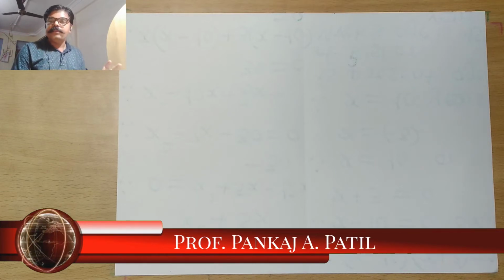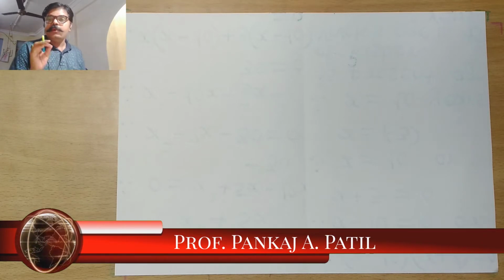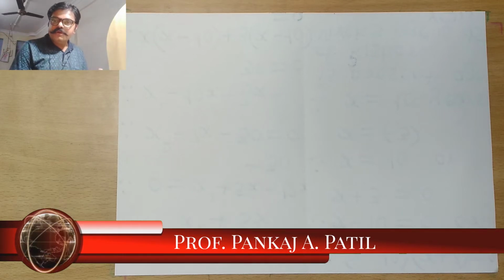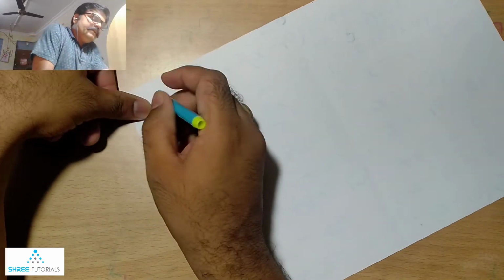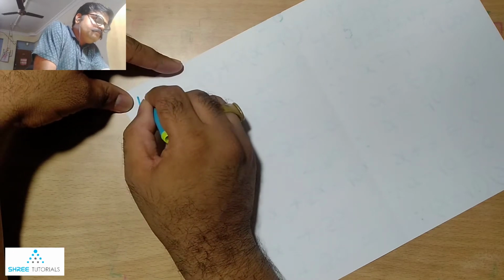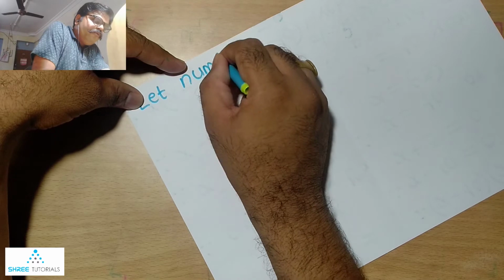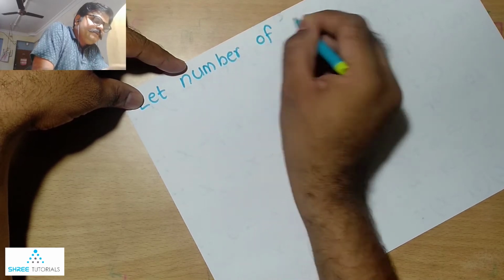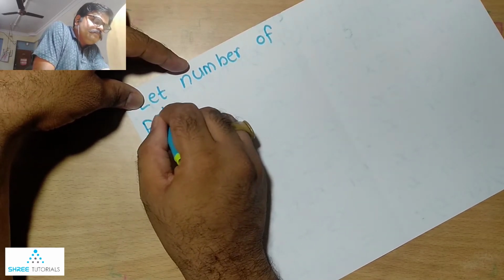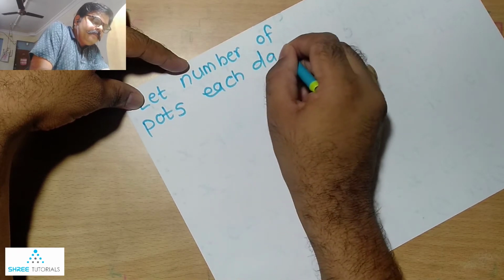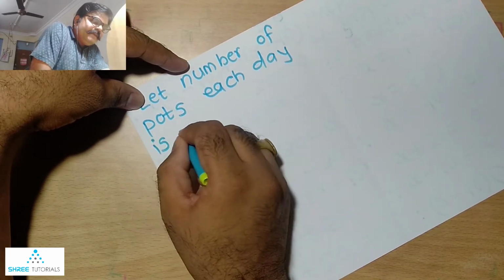In this problem they are asking us to calculate the total number of pots that person is making every day and what the production cost of every pot is. Okay, so that is what we are going to assume over here. Let the number of pots each day be x.